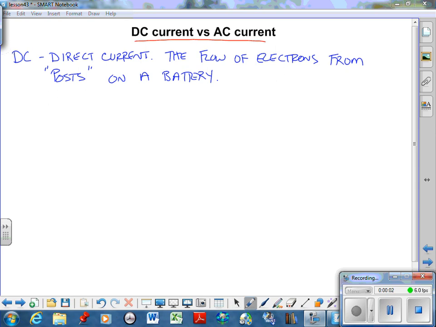All right, so finishing this up, we're talking about direct current here. And direct current, as I have up there already, occurs with batteries.